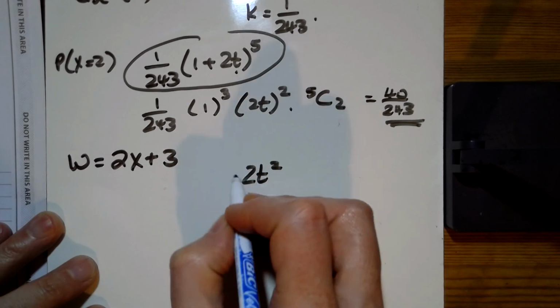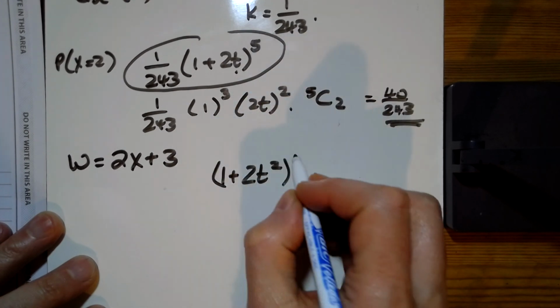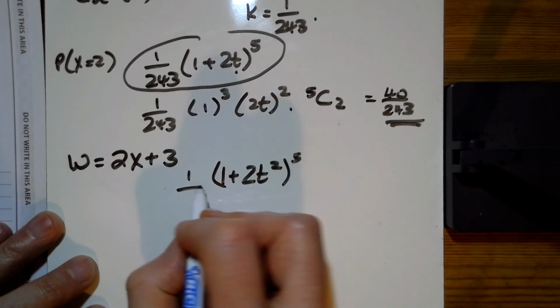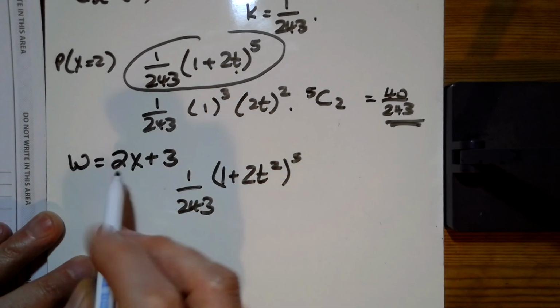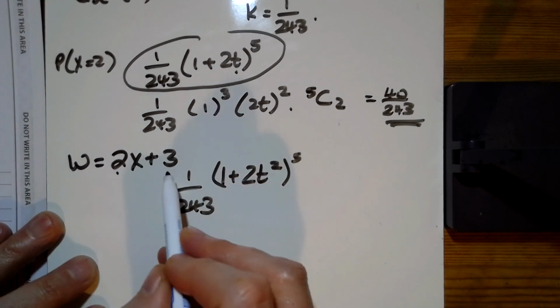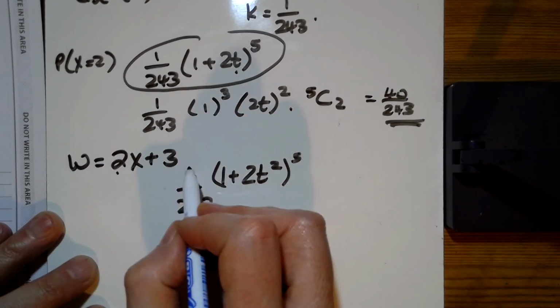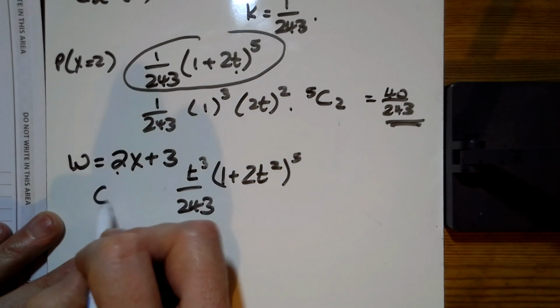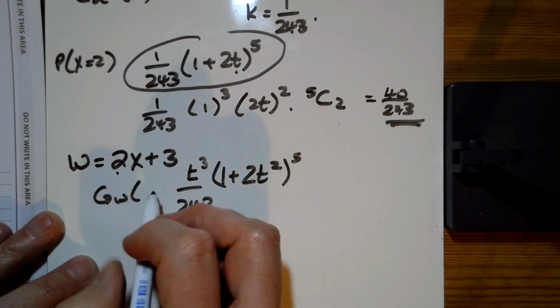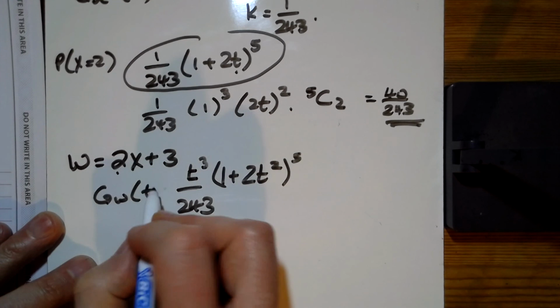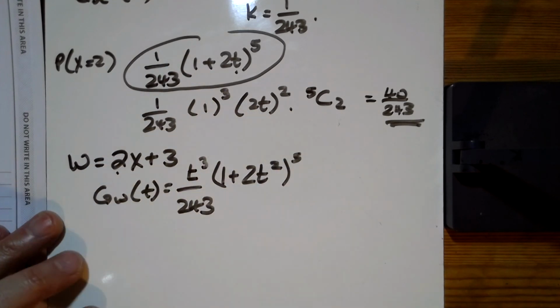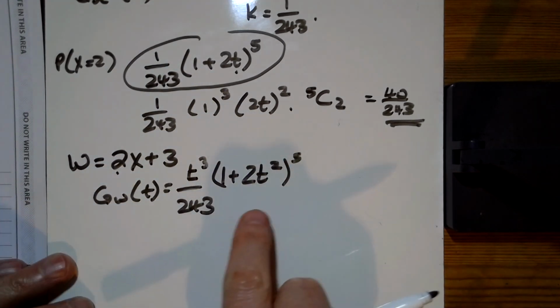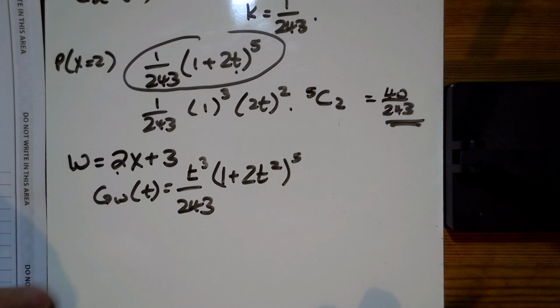So we've got 2t squared all to the power of 5, 1 over 243. So that's dealing with the 2 part of it. But to get the add 3 part of it, we need to times by t cubed as well. So all the t values need to go up by 3 as well. So the generating function is t cubed over 243, 1 plus 2t squared, all to the power of 5.